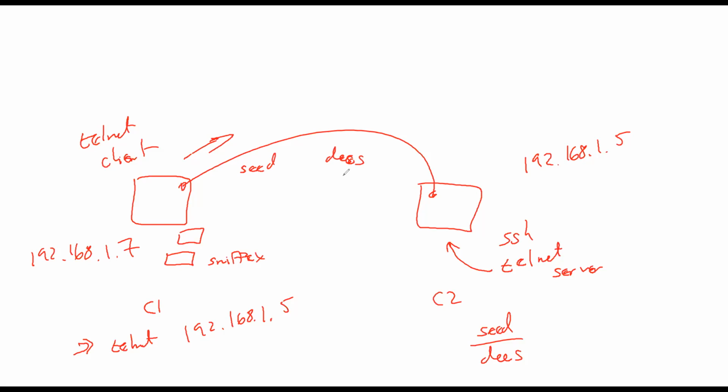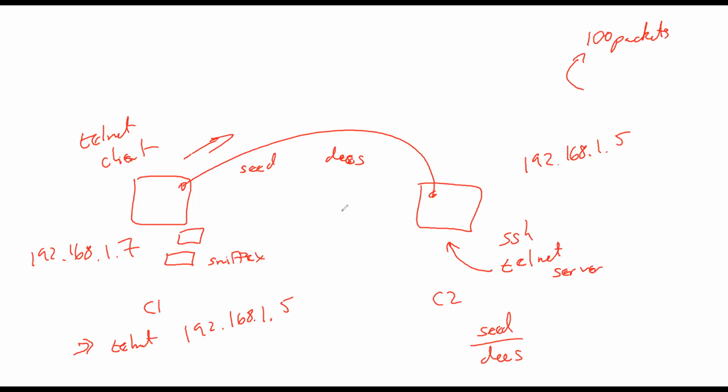So you're going to enter first seed, then you're going to enter dees, and so on. Now, usually the code that you have in sniffex, I think, has a minimum of 10 packets. It only captures 10 packets. However, this exchange, until you're logged in via telnet, takes more than 10 packets. So the change that you'll have to make is that you'll have to increase this. If you increase it to like 100 packets, you should have enough data in there that it'll capture all 100 packets of the exchange.